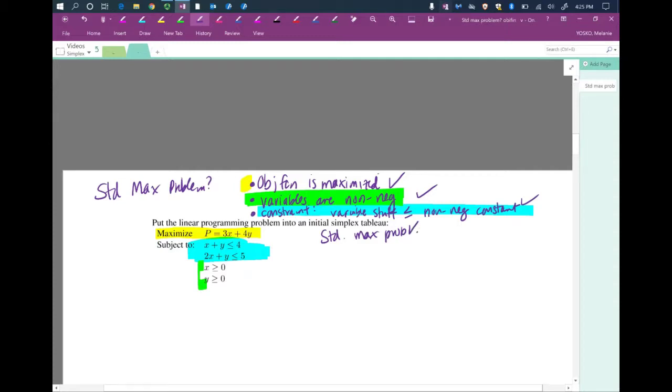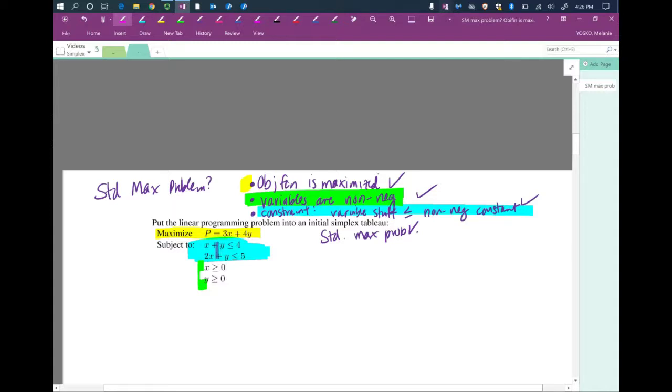So to use the simplex method, we're going to change the form of this. We're going to take this system of inequalities and rewrite it in such a way so we can put it into a matrix. Our matrix is going to be our initial simplex tableau. So we're going to look at each piece individually. This down here, the variables are non-negative, is not going to go in our simplex table.